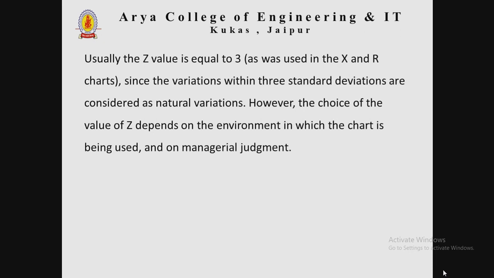The Z is equal to the value of 3, as used in the X bar or R chart, since variation within three standard deviations is considered natural variation. However, the choice of the value of Z depends on the environment in which the chart is being used.